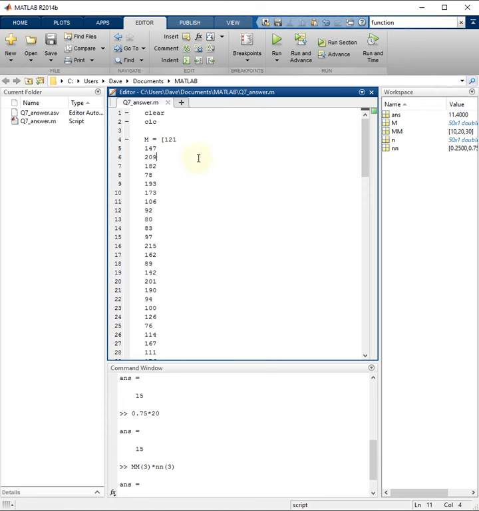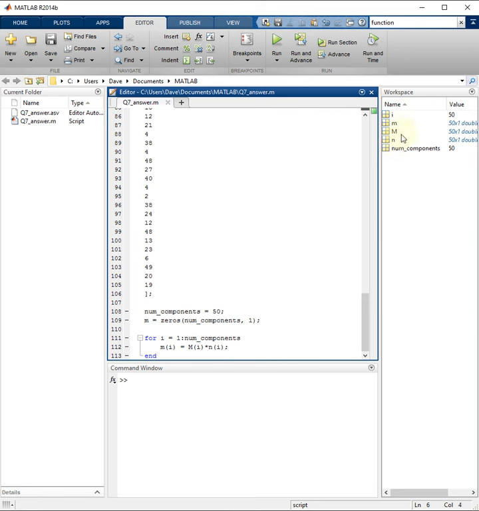The code executes, and now if I look at my workspace, there's a whole bunch of different variables that have been created. I've created big M, small n, small m, number of components and i. All of these are variables that I've created at some point in my script.